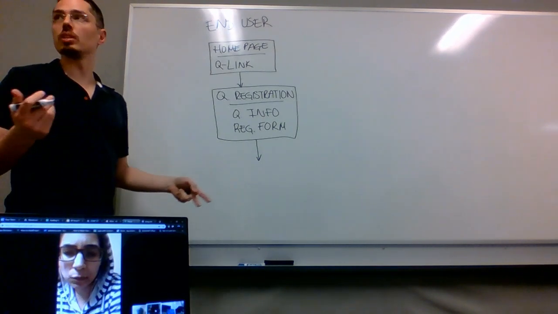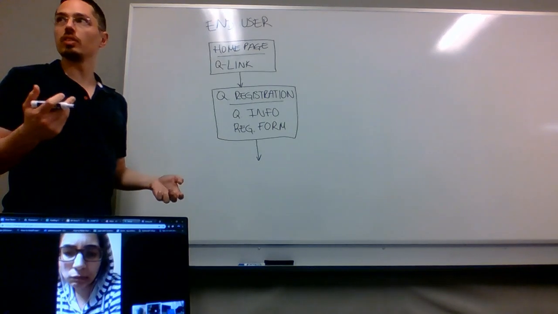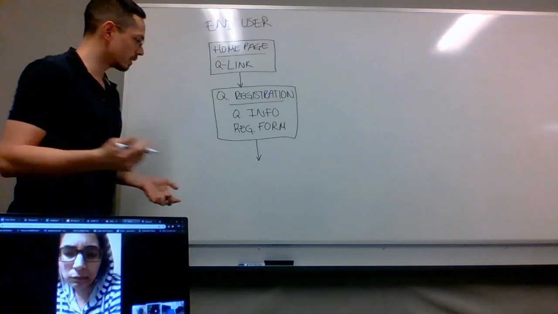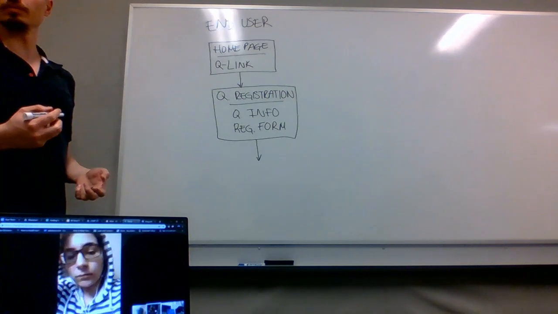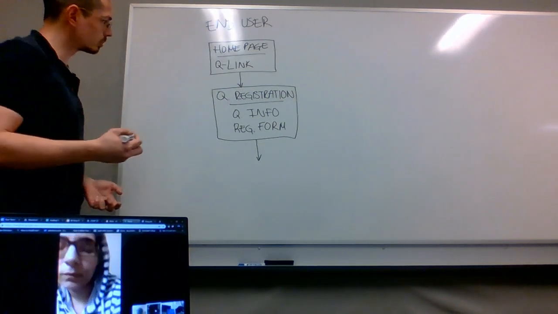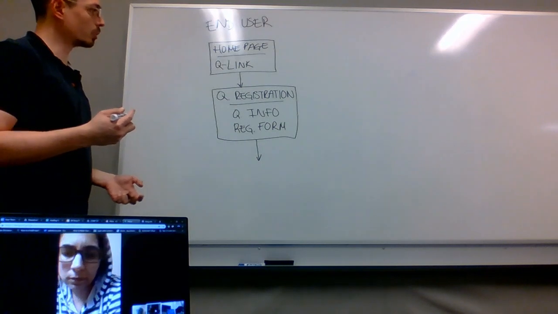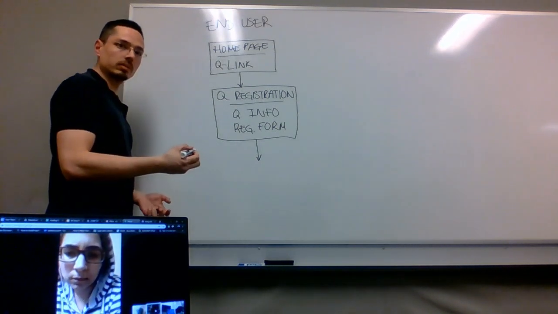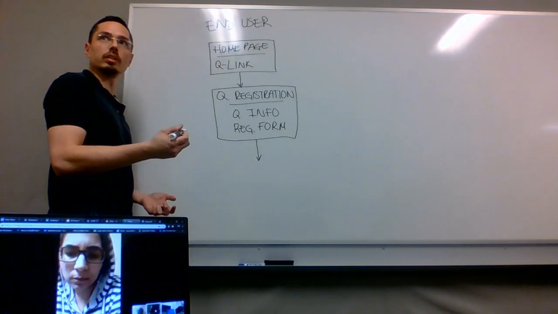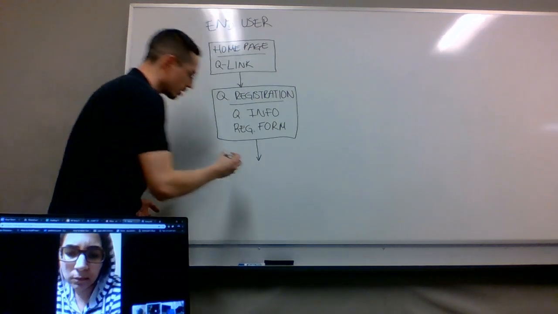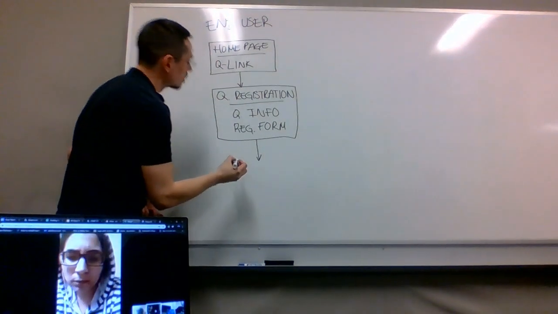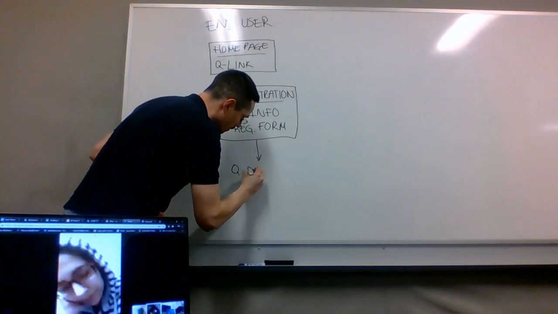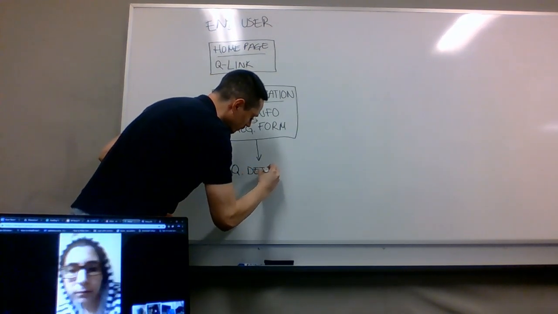Like you said, the active queue registration. It's where the user is actually in the queue. The details of the queue and where he is. So can we call this the active queue? The queue details page or active queue. Queue details.